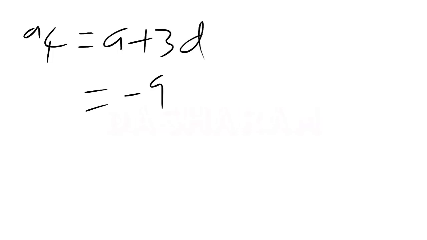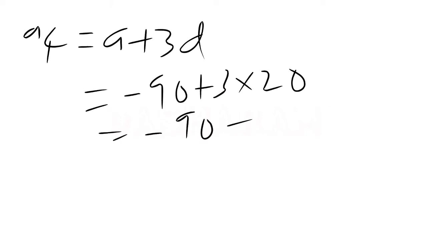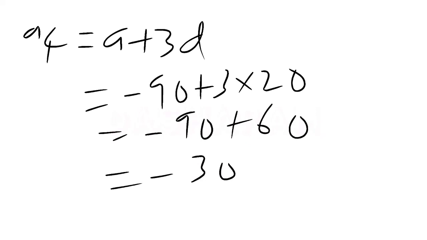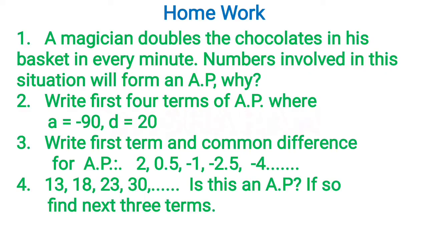Next, the last term A4 equals A plus 3D, which is minus 90 plus 3 into 20, minus 90 plus 60, equals minus 30. So the terms are minus 90, minus 70, minus 50, minus 30.